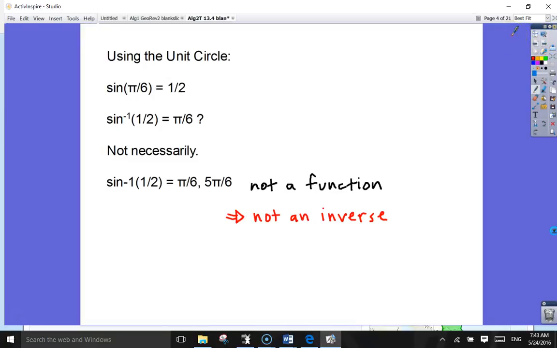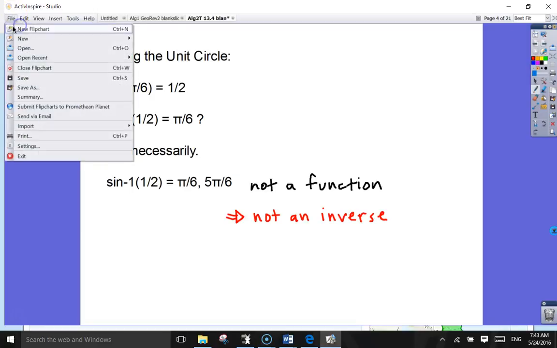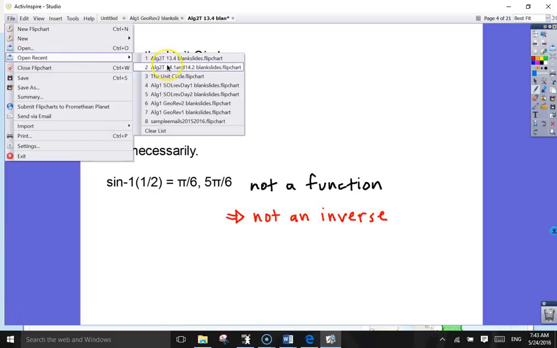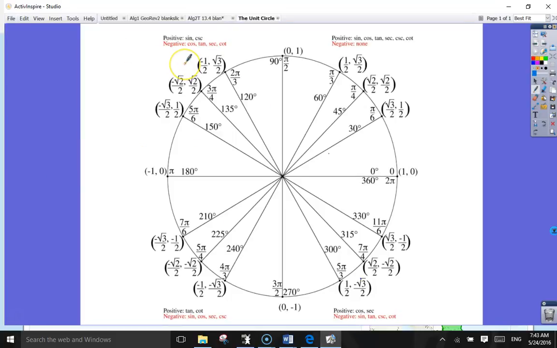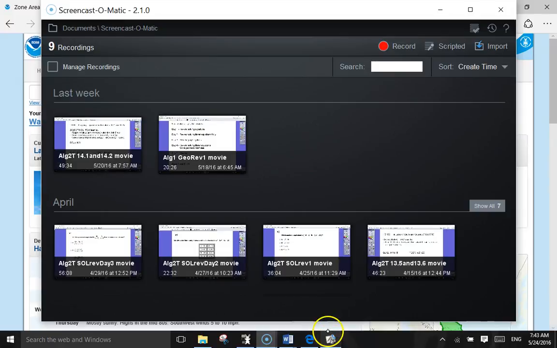So this same thing comes up with trig functions. Like I can say that the sine of pi over 6 is 1/2. But if I look at the unit circle, I thought I had that open, but I can open it again.